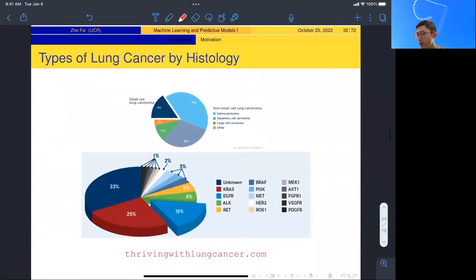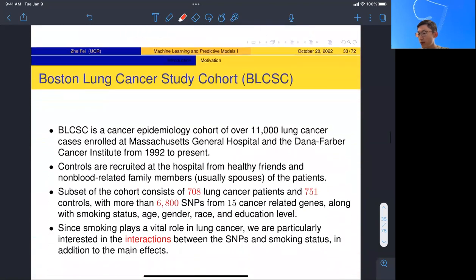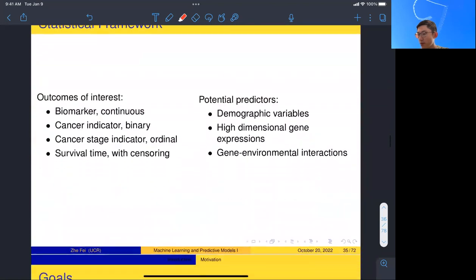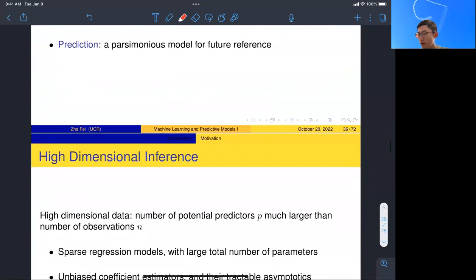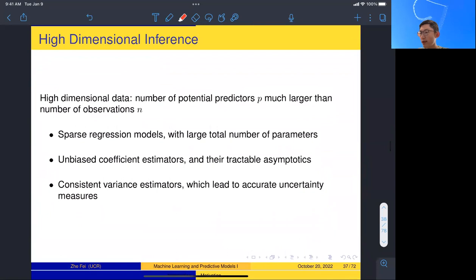Unfortunately, we may not go into the high dimensional inference part, but I want to at least introduce it.